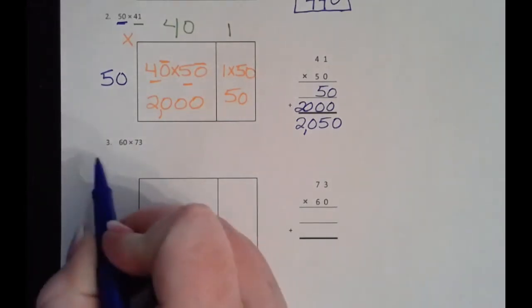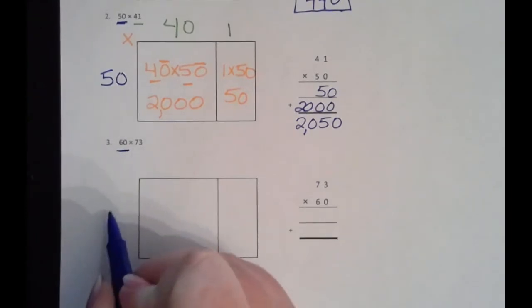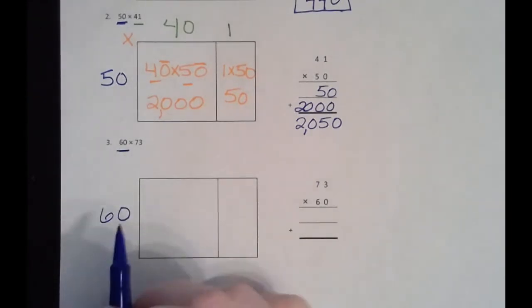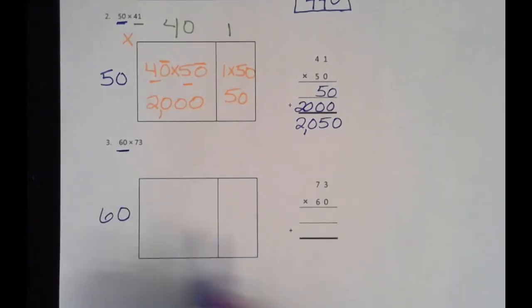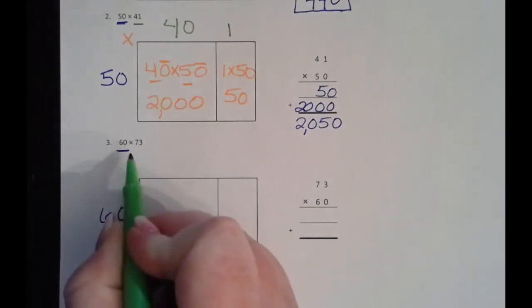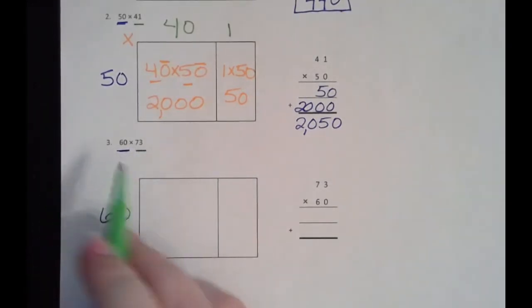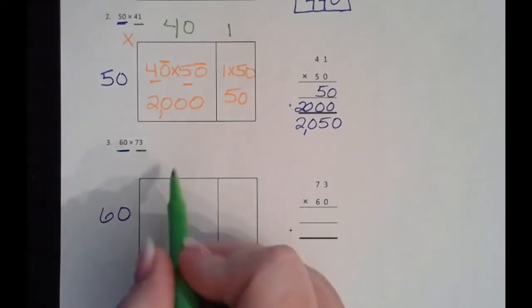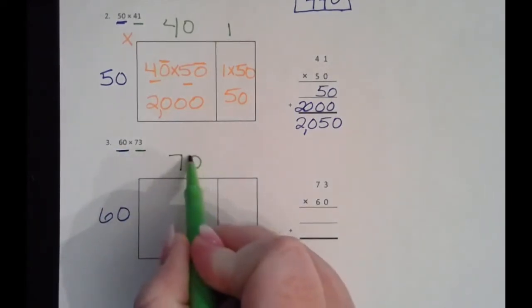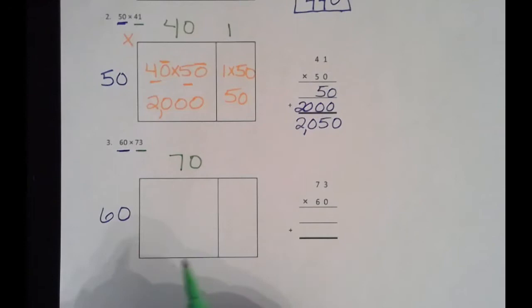We're going to label our multiple of 10 on the side. We're not breaking it apart. It's one solid number, so it's going to be one row. 60 is going to be one row. Then we're going to take that 73 and we're going to break it apart by place value. So I have a 7 in the tens place, which is going to be 70. And then I have a 3 in the ones place, which will be 3.